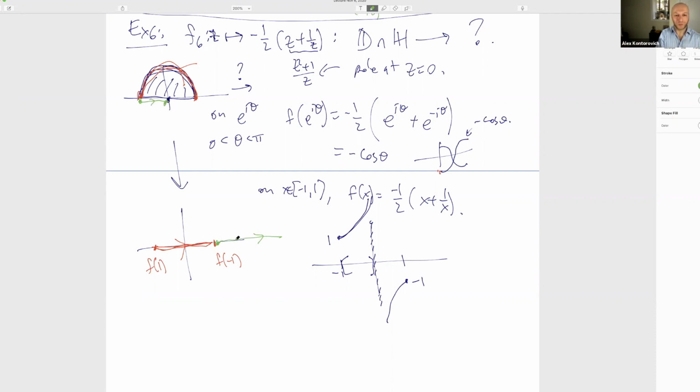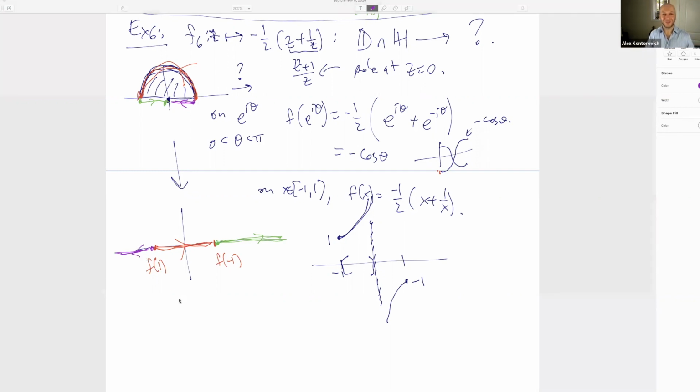At 0, we're blowing up. We already knew that. And we're real. Everybody see that? And finally, from 1 back to 0, we go from negative 1 to negative infinity.